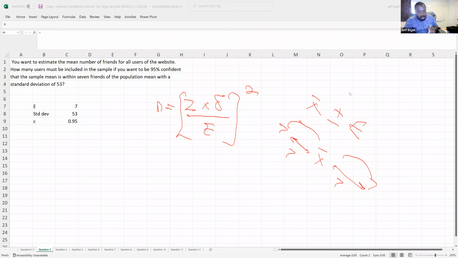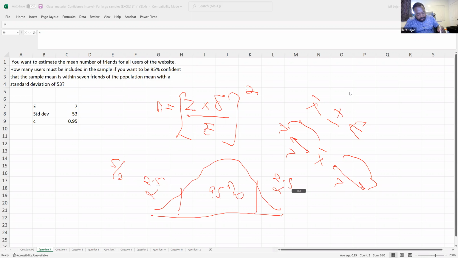So one thing to remember is that when we say we're 95% confident, in theory, what we're saying is that the percent that we are not confident, or our alpha here, is going to be 5 divided by 2. So you have 2.5% here, you have 2.5% here.